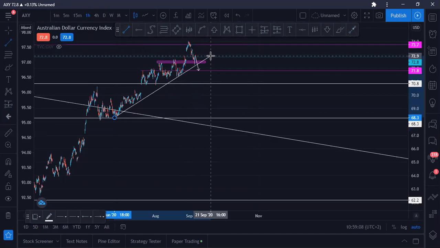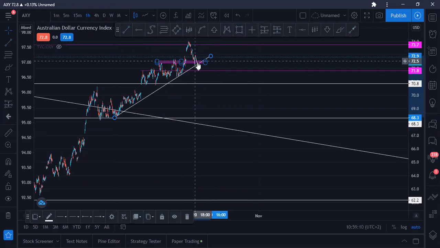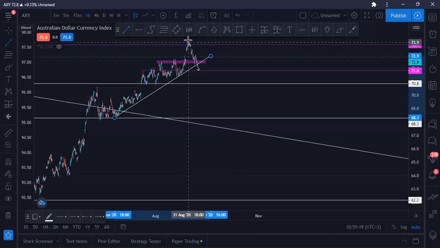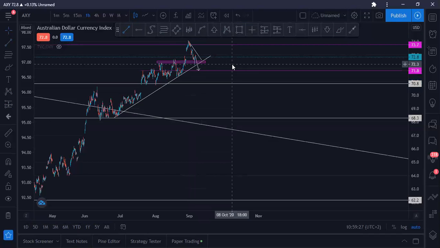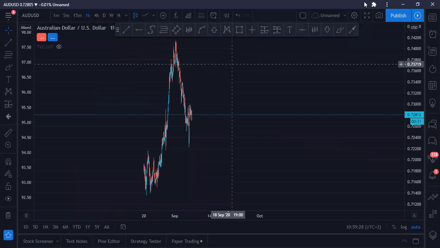Once we lose that line, our first target would be around there. But for now, if we stay above this line and actually get above this trend line I'm going to draw right now, then we'll be looking for buying opportunities. But for now, honestly, this is a trade we want to watch and see because it's going to tell us a lot about the Australian dollar this week.